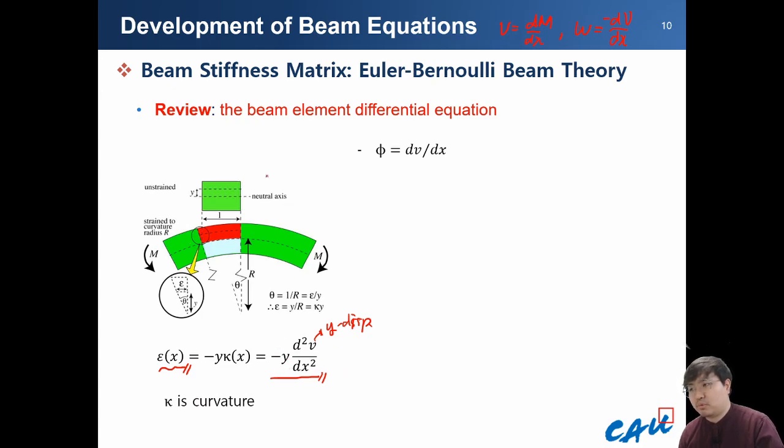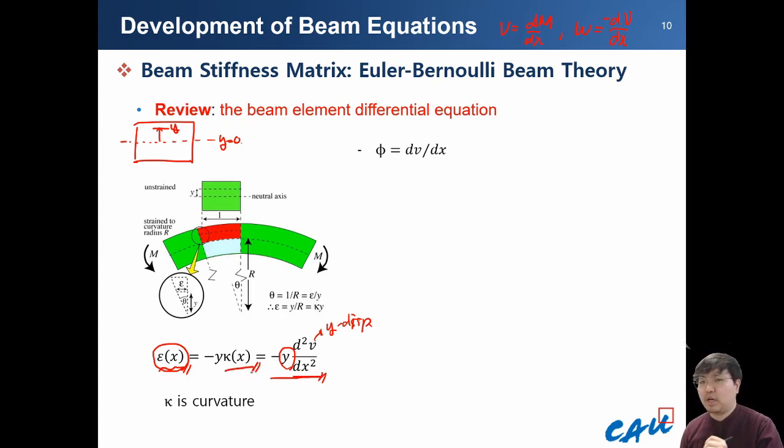What is the position y here? When you select the centroid axis, that is the reference. Here y equals 0, but at this side there is some shift from the centroid axis, so the strain is equal to the shift from the centroid axis times the curvature.